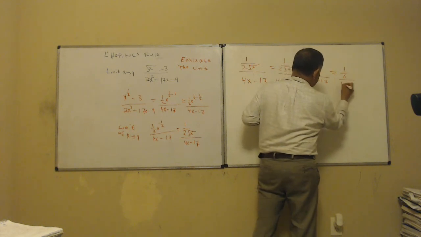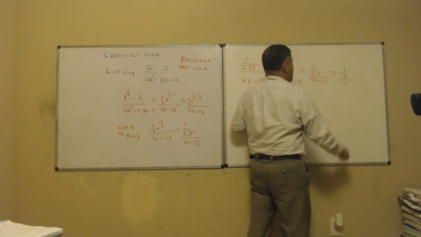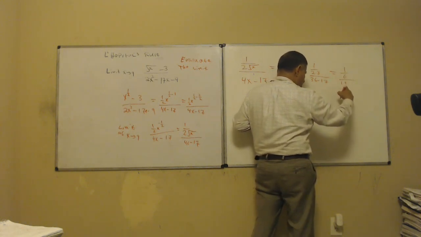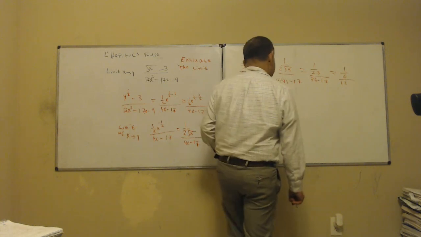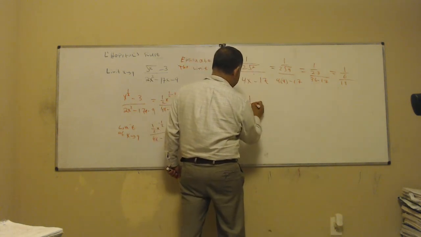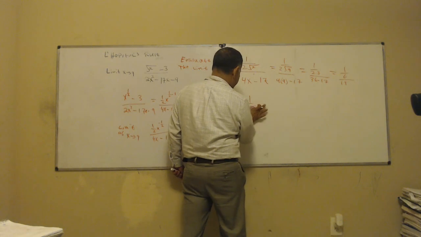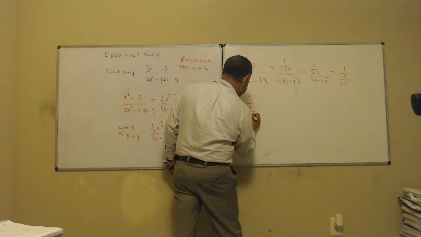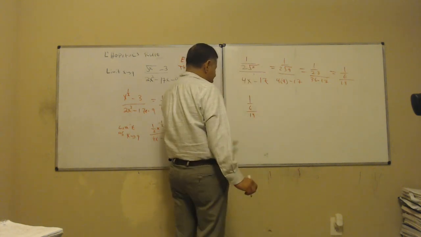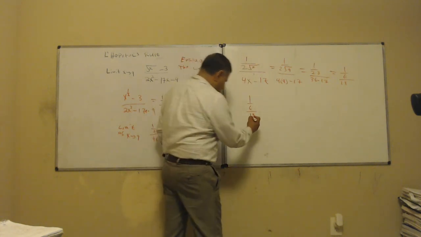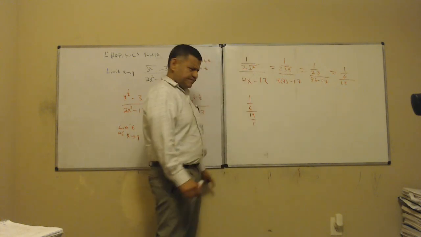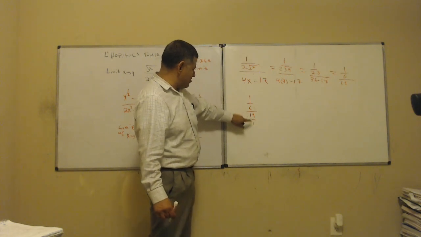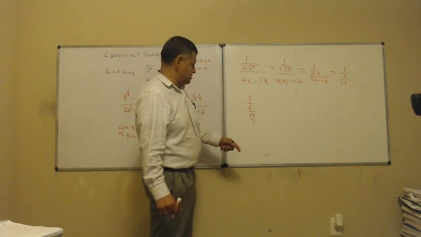So 1 over 6 over 19. But remember that this 19 is also over 1. This is a number, and any number, you assume it's over 1.